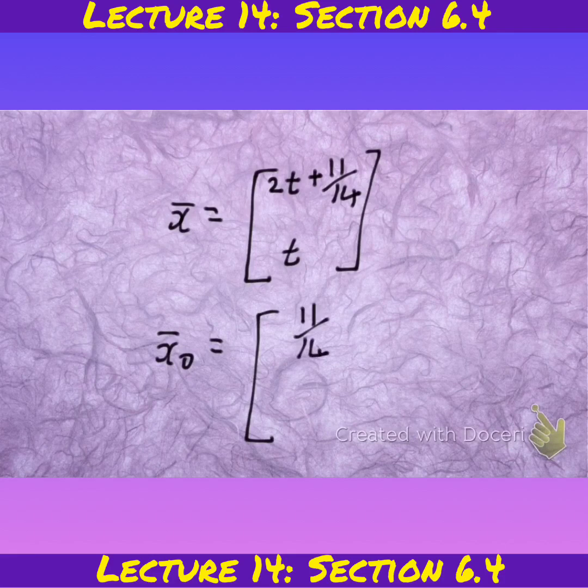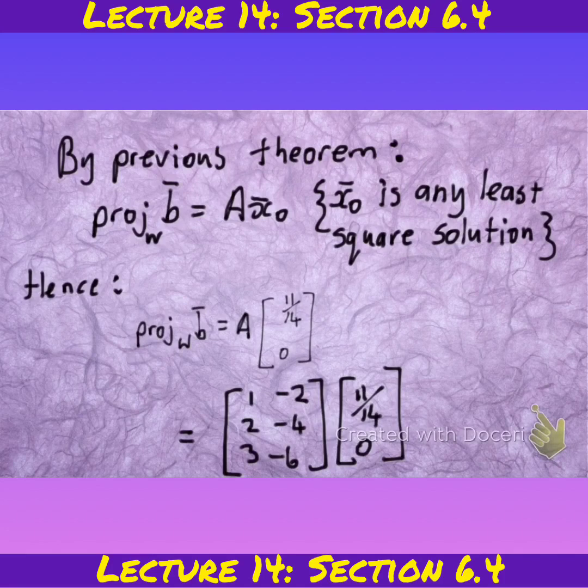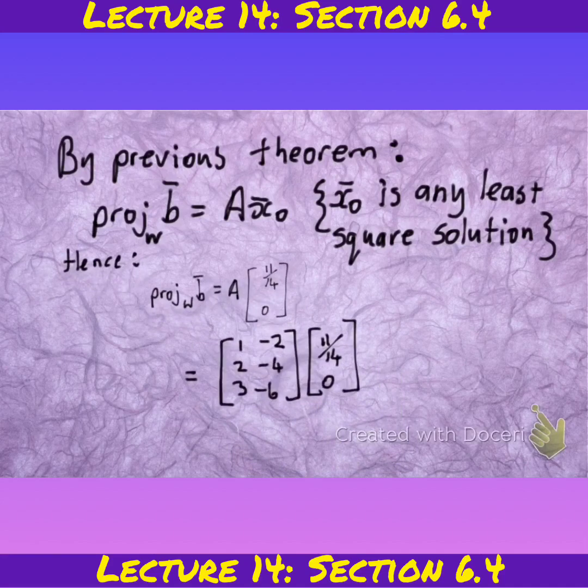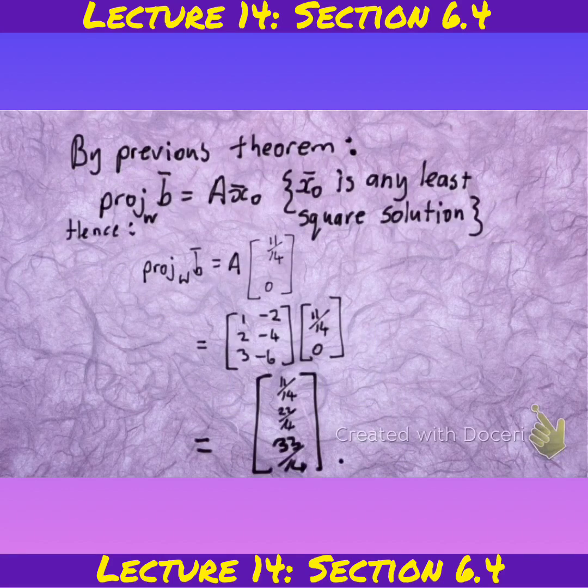Right, so this is going to be a solution. Substituting it in there in x0, we get this matrix that we have to work out, and so we get the orthogonal projection of B onto the subspace W. It's the vector 11 over 14, 22 over 14, 33 over 14.